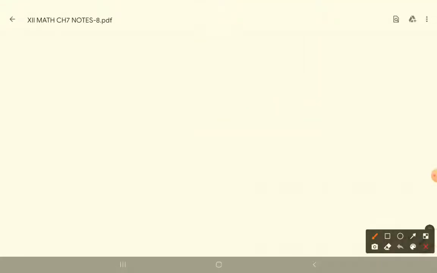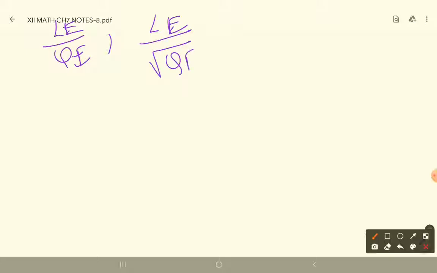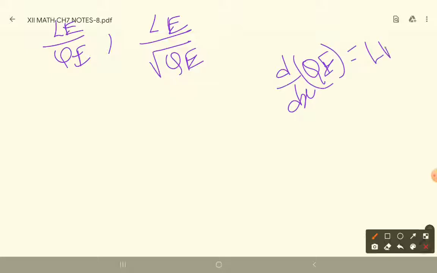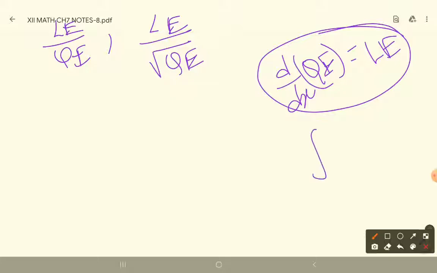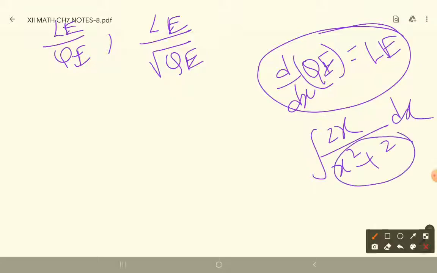The important thing here is, for linear by quadratic or linear by root over quadratic expression, if d by dx of the quadratic expression is equal to the linear expression, no problem. Directly you can take the quadratic expression as t. See, 2x by x square plus 2 into dx: take the denominator equal to t, directly 2x dx is equal to dt. No problem at all.